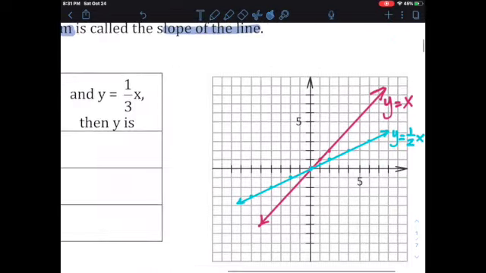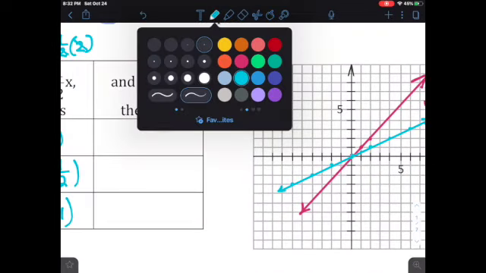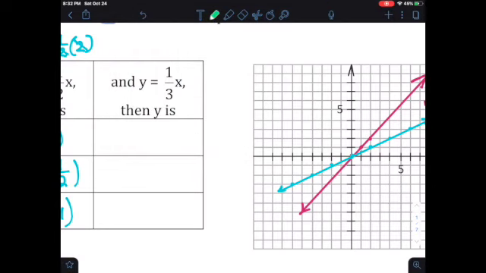Alright, on to the third line. Okay, third line, when you plug in 0 again, it's going to be 0. If you plug in 1, it's going to be 1/3.